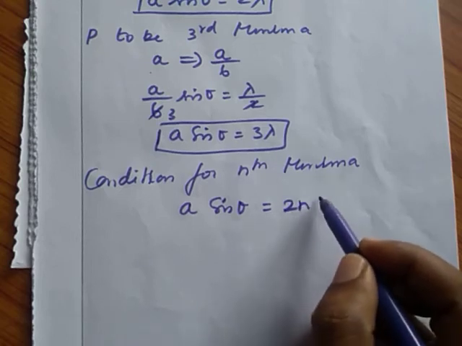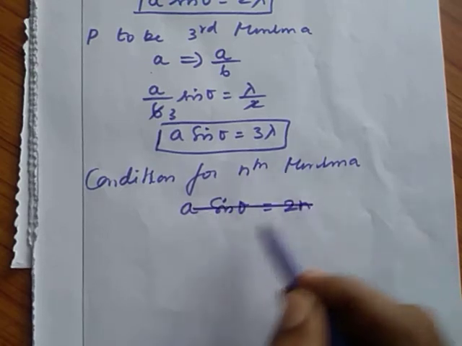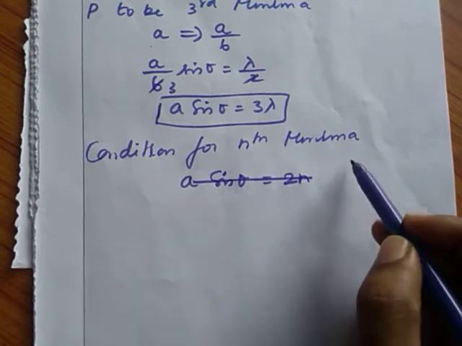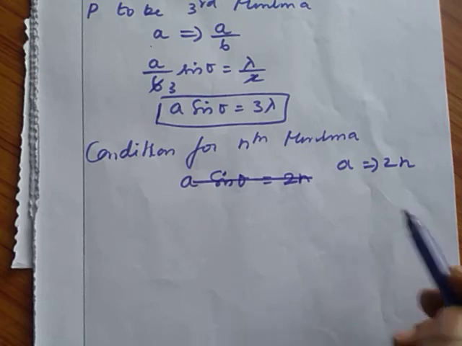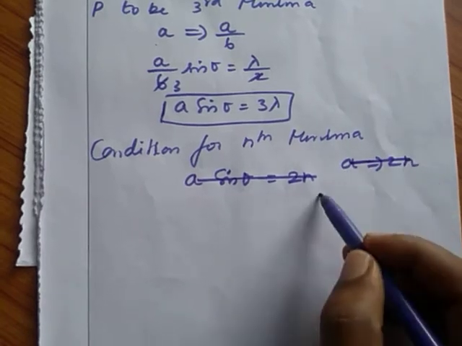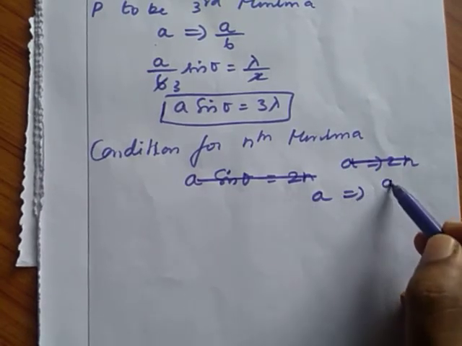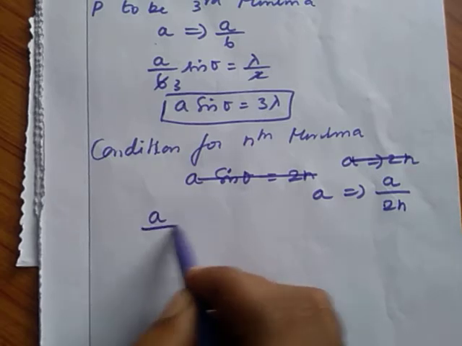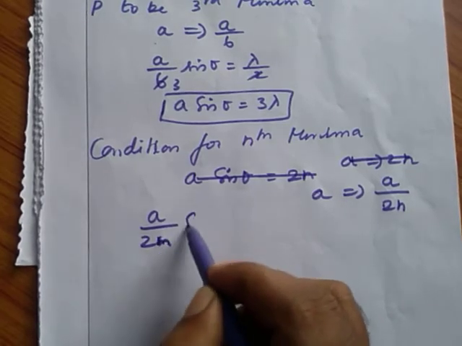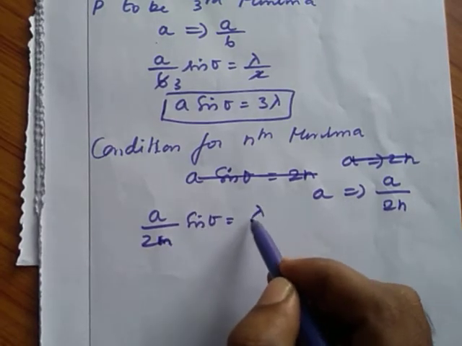we have to split a as 2n, that means a is split as a by 2n. Then a by 2n sin theta is equal to lambda by 2.